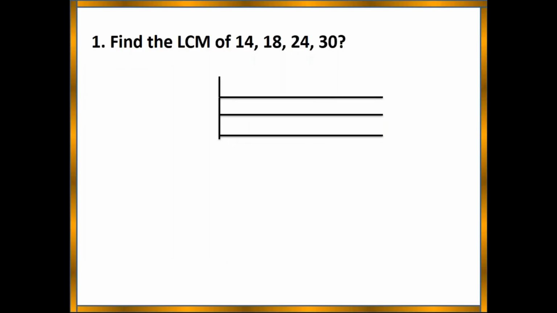This is the way you have to go for the division method. Take 2, and the numbers are 14, 18, 24, 30. You can go for prime factorization indirectly.